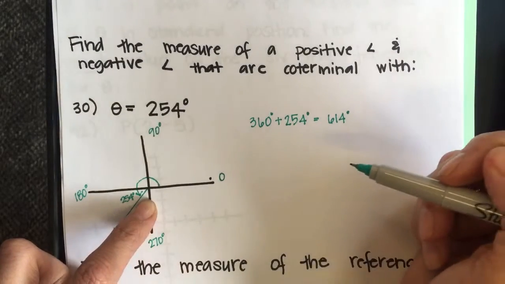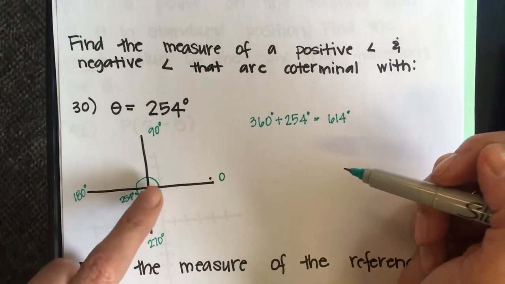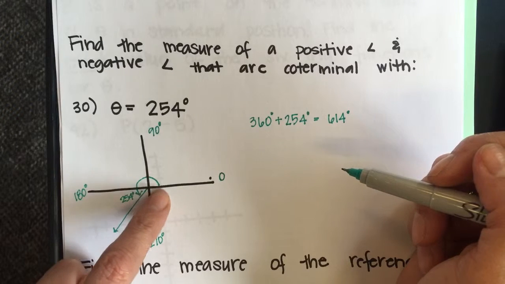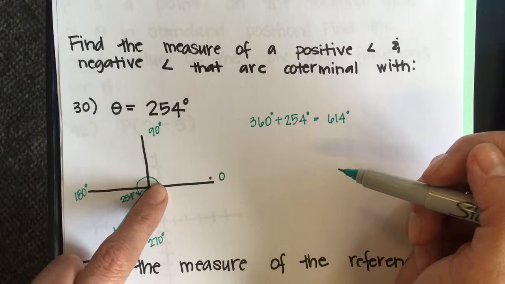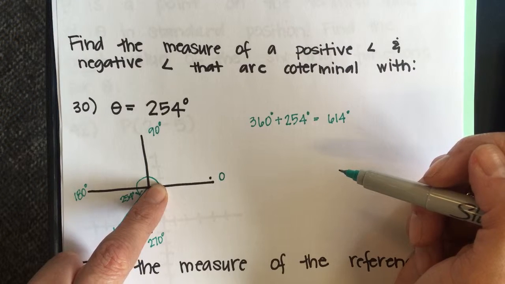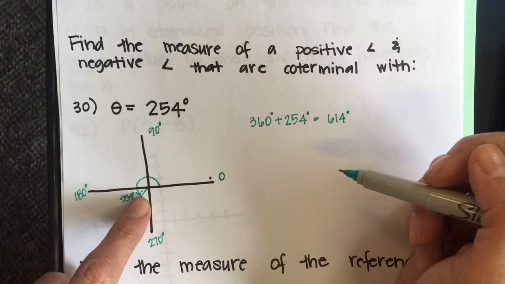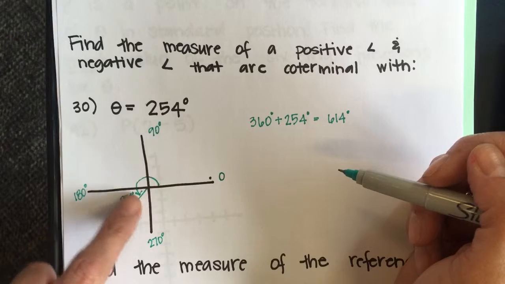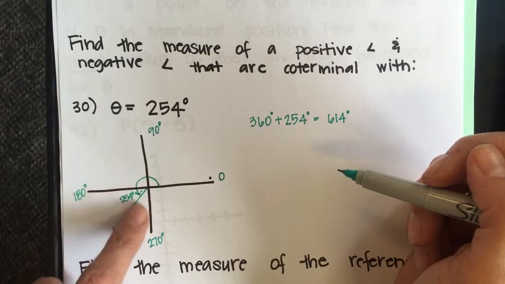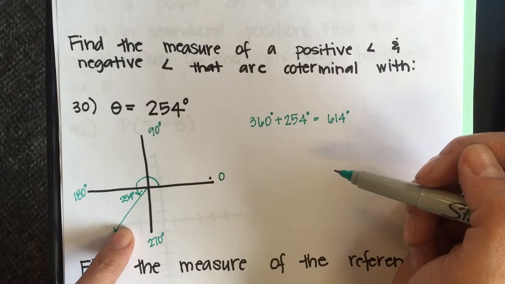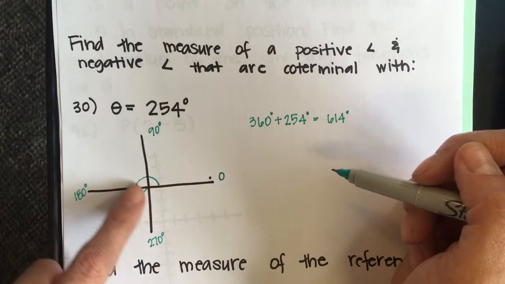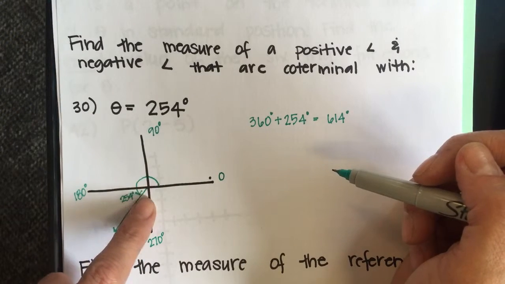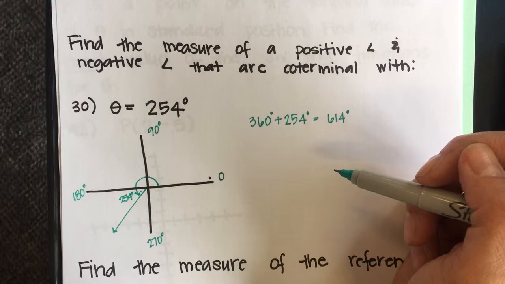Remember, there is not one correct answer, because I could go around twice. Once would be 360, again would be another 360, that would be 720, and then I could add 254. So there are an infinite number of positive coterminal angles with 254 depending on how many times you rotate fully around the circle and then come back 254.